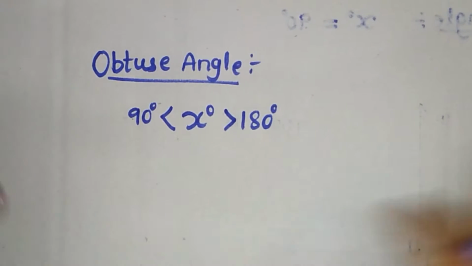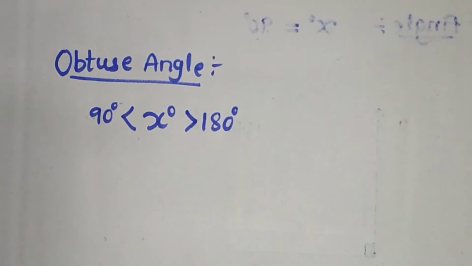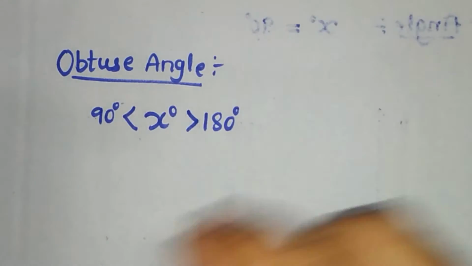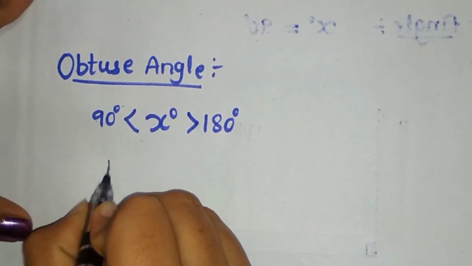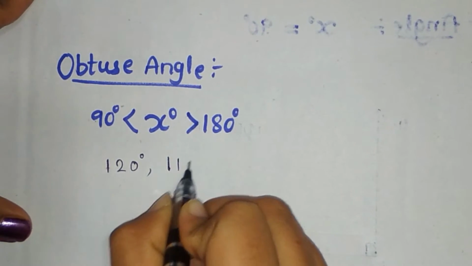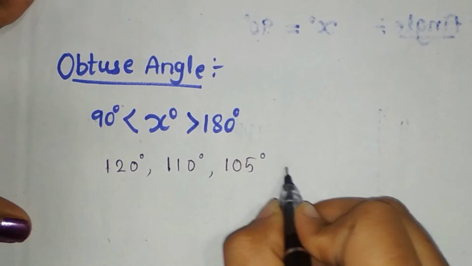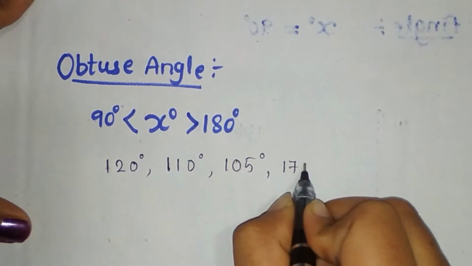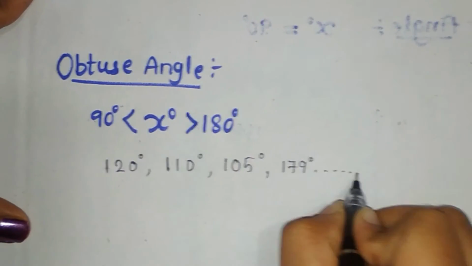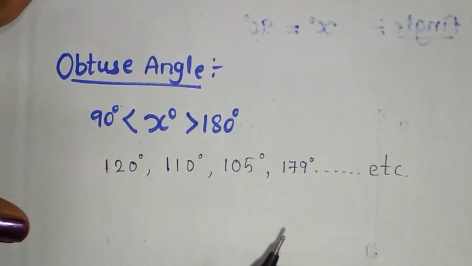Can you give any examples of angles more than 90 and less than 180 degrees? Yes, it may be 120 degrees, or 110 degrees, or 105 degrees. It may even be 179 degrees. Many examples you can take, etc. These are all examples for obtuse angle.